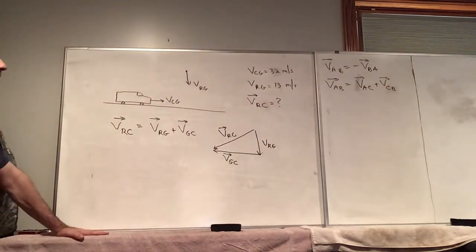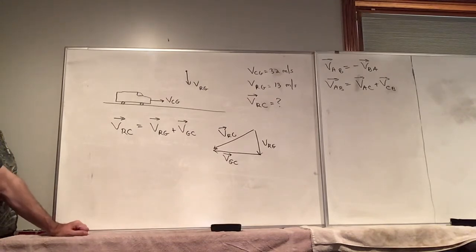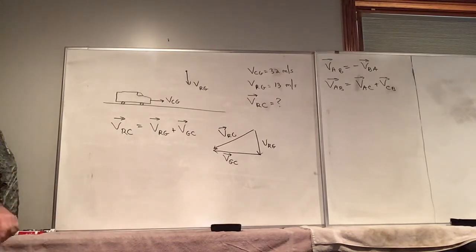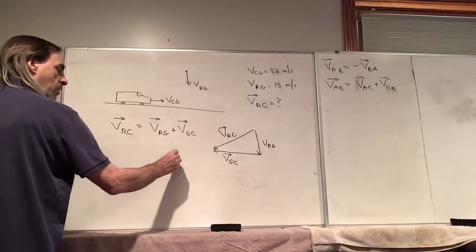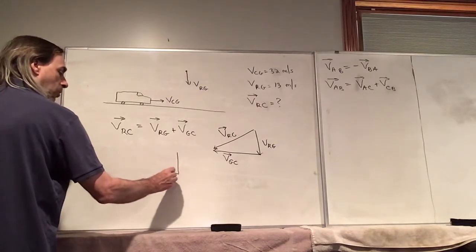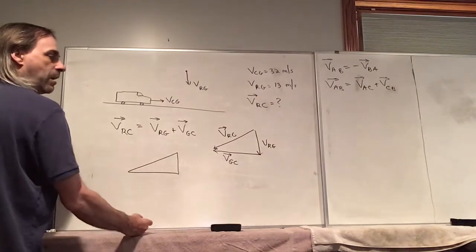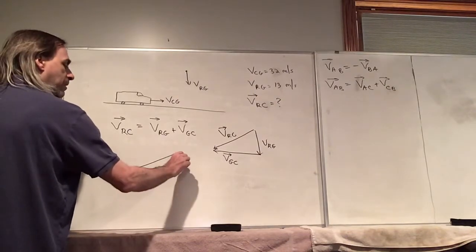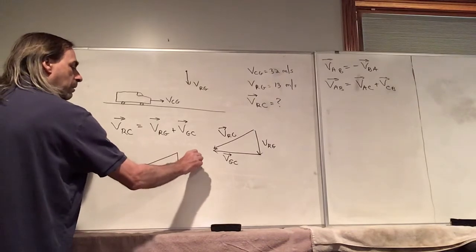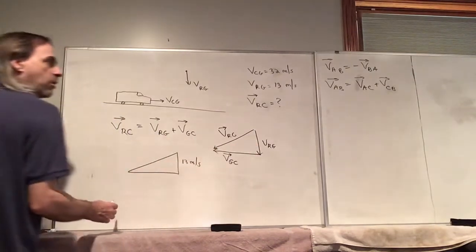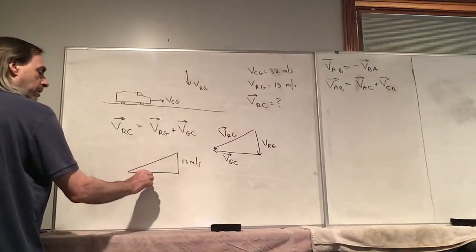So we have this nice right triangle here. I'm going to draw it as a triangle without the arrows. Here, the velocity of the rain relative to the ground is 13 meters per second, and this is the ground relative to the car, 32 meters per second.